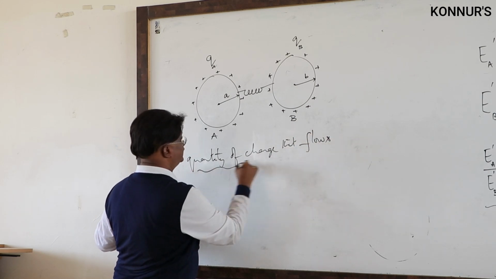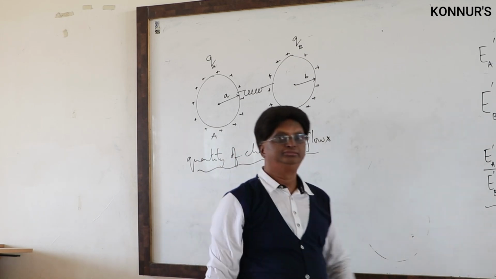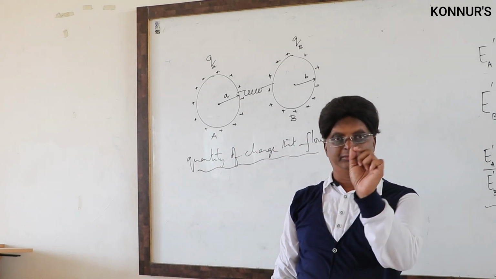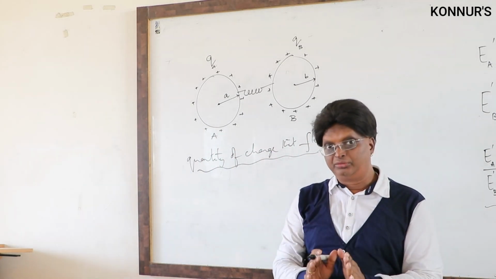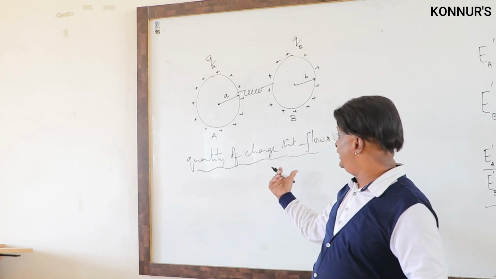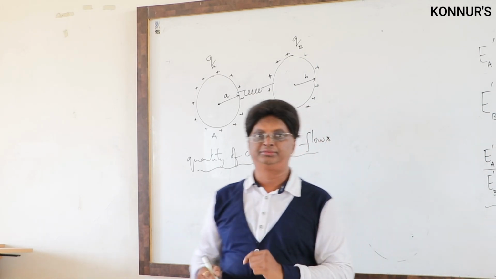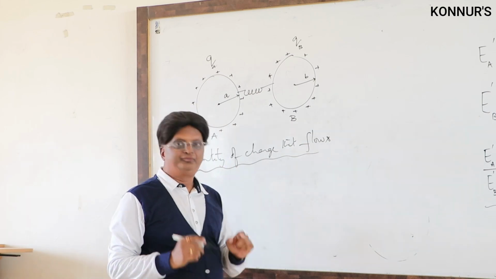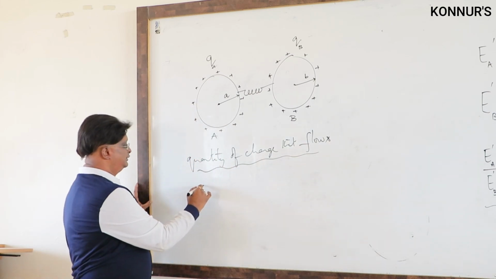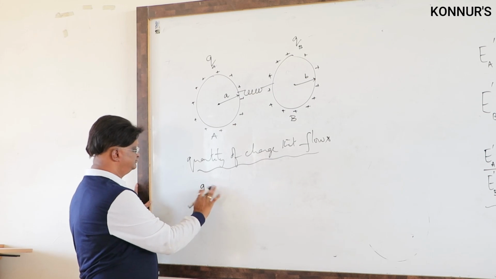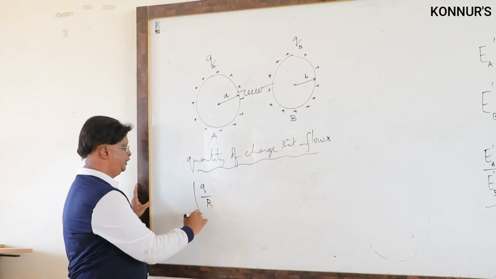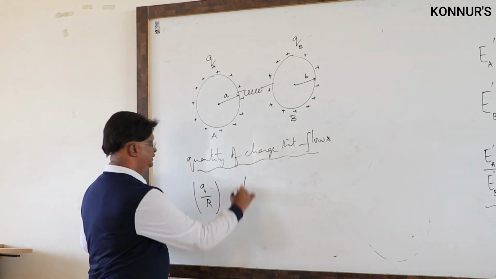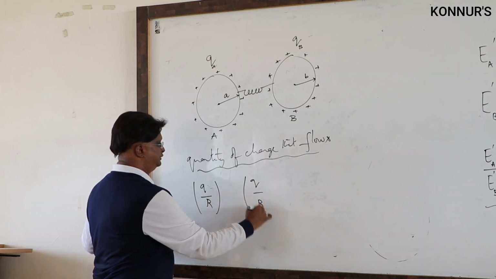Whatever solution I started with in the previous example, I will use the same to find the quantity of charge that flows. To find this, first you have to compare the ratio Q by R of A and B.